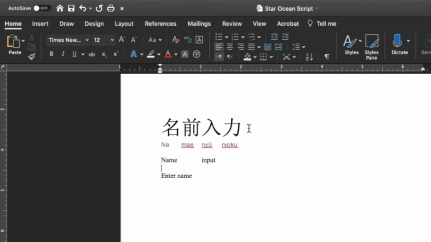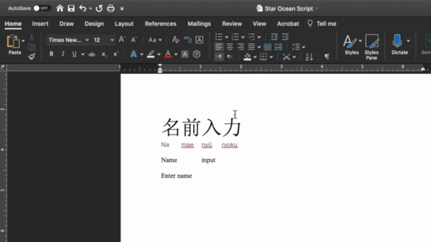In this case, we've got four symbols: na, mai, nyu, and ryoku. Literally, na is name, mai is before, nyu is to enter, and ryoku is power.